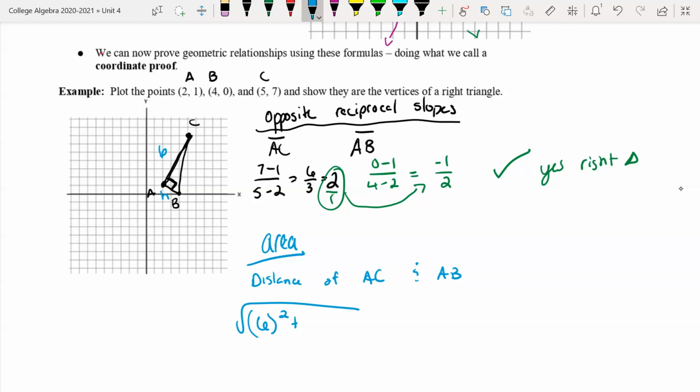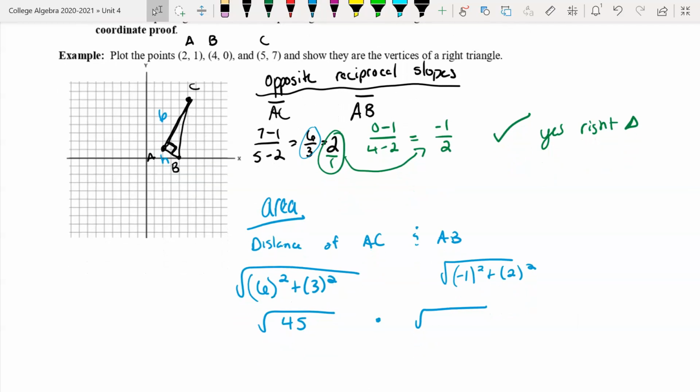The nice thing is you've already done y minus y and x minus x up here, so you can just copy it for AC. In the same way with AB, negative 1 squared plus 2 squared. So I'm going to get the square root of, that's 36 plus 9, which is 45, times the square root of negative 1 squared plus 2 squared, which is 5. So then you would just multiply those.